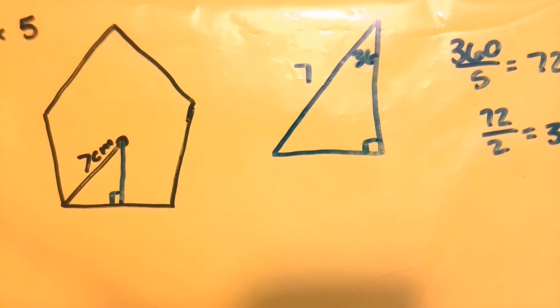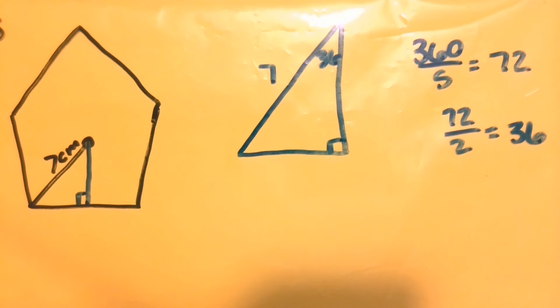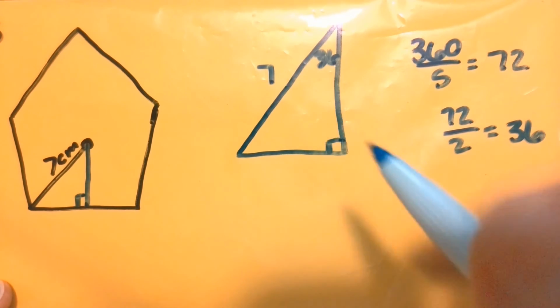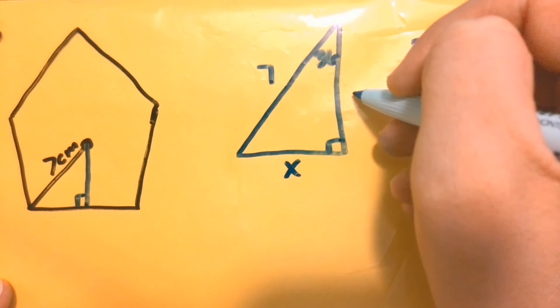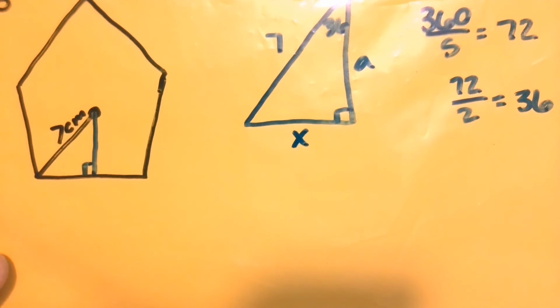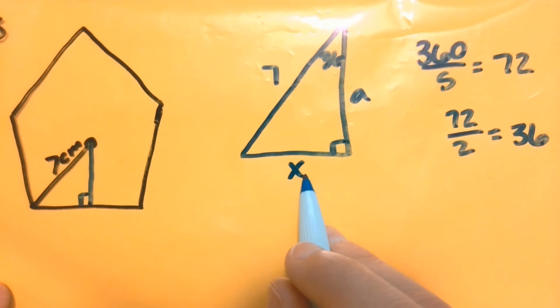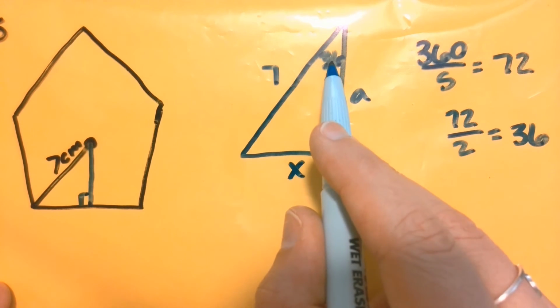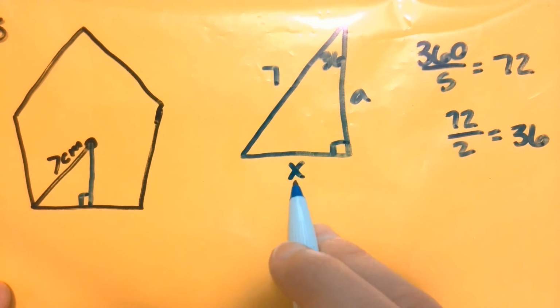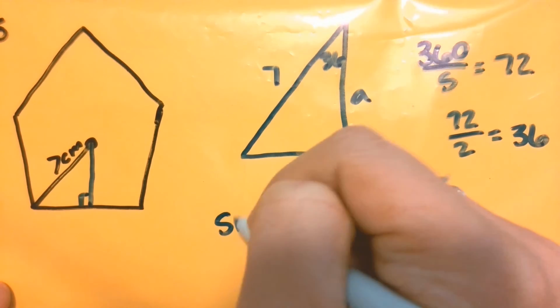So we can see from this one, since it's not a 30, 60, 90, and it's not a 45, 45, 90 either, so not special, I have to use trigonometry for this. So I'm going to give myself 2 variables, an x and an a. So let's find x first. If I'm using my 36-degree angle, using x and 7, my trig function should be sine.